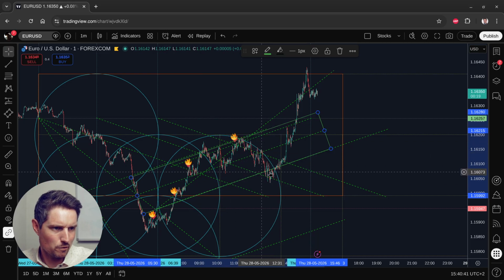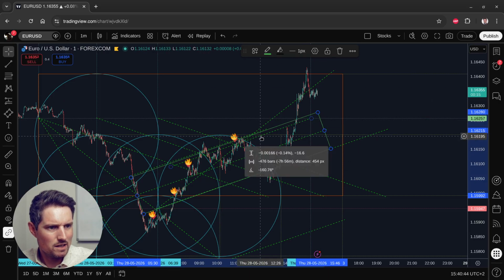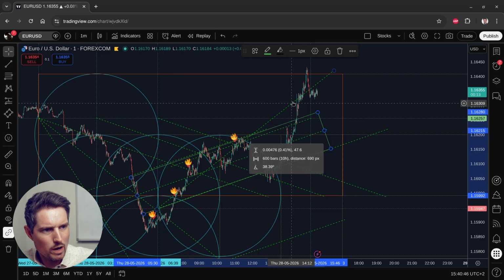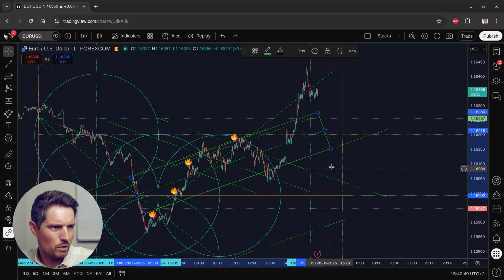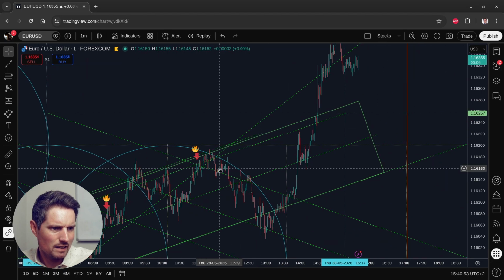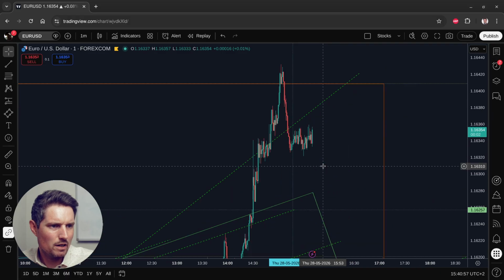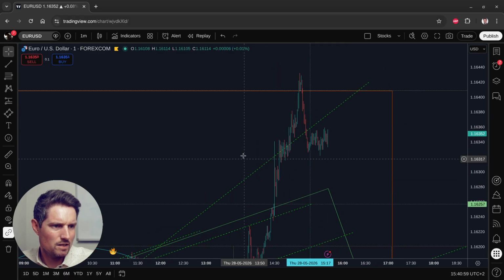And this is the decisive moment where it tries to break out of the channel, and it actually does. And this is like a 2x steepness of what you normally would expect. And if we zoom in a bit, then you can see every line is very much respected, same as here.